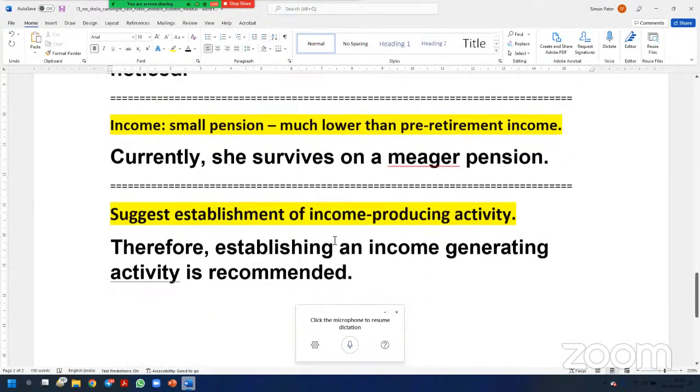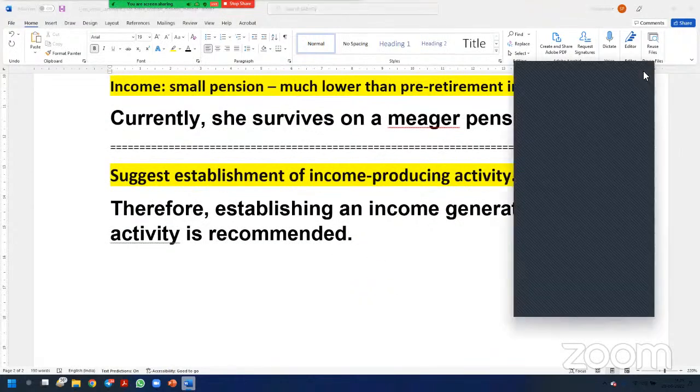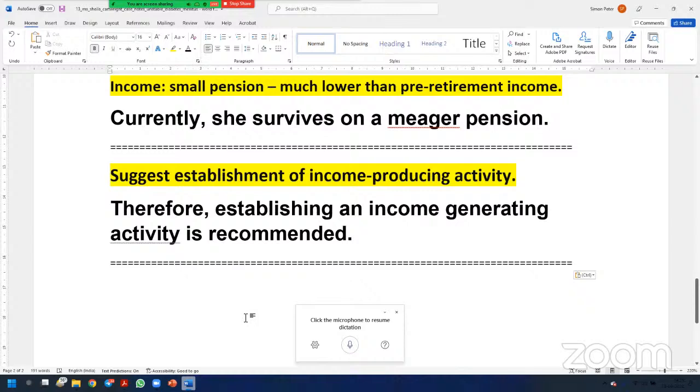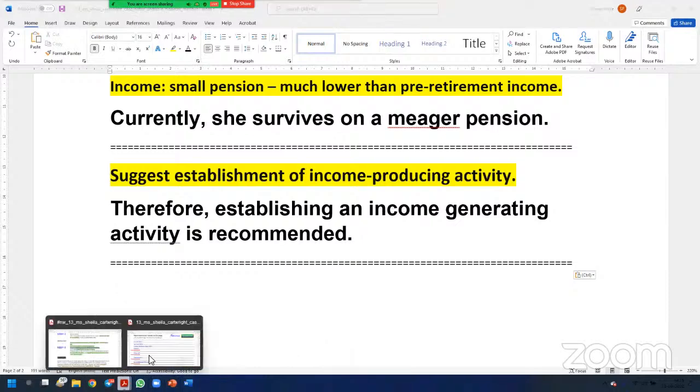You can understand how case notes are transformed into sentences. So how to write sentences from the case notes?